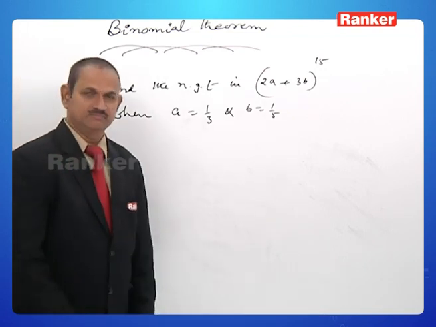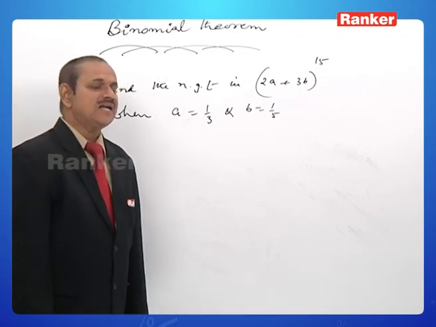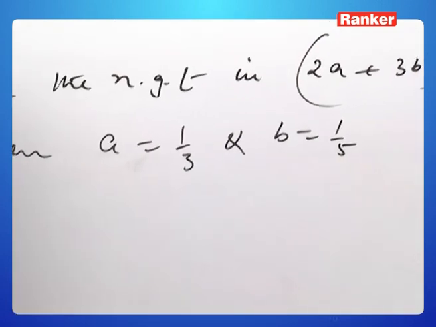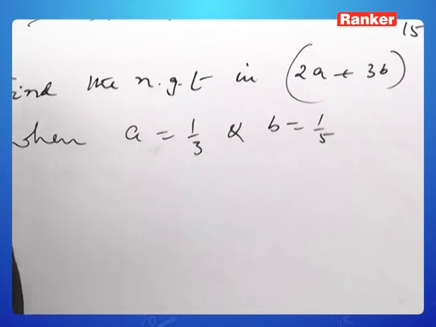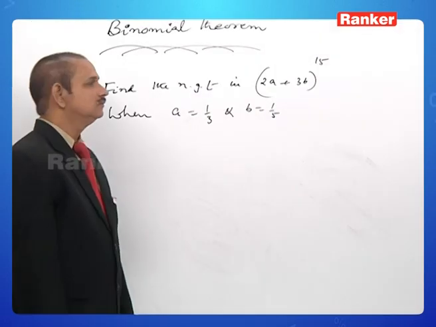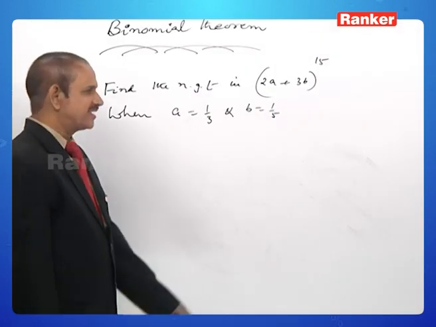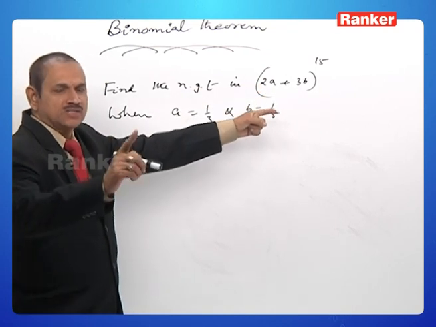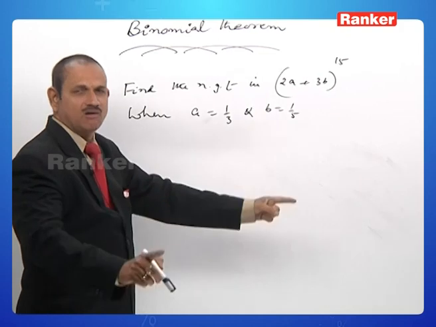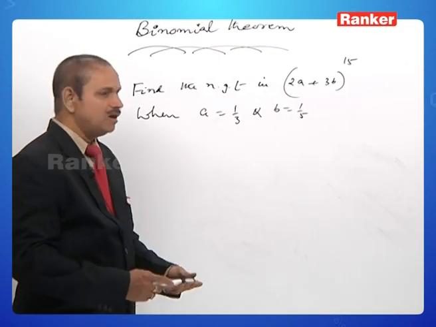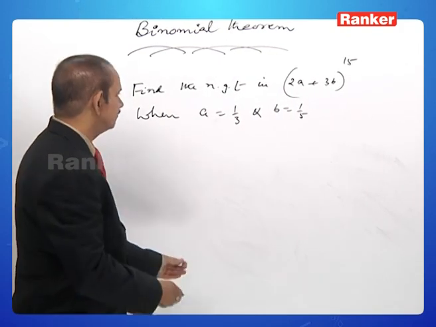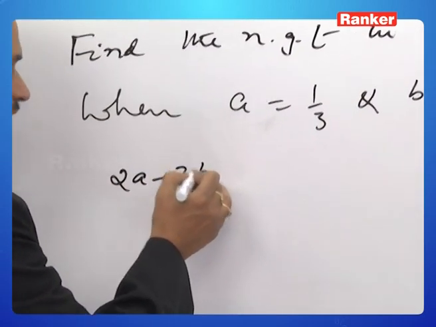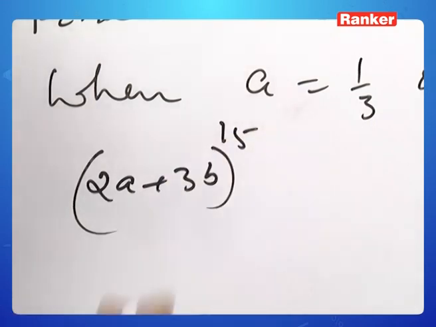How to proceed? As we could explain for ourselves in the previous problem, the very first step which is needed is you may have to get the expansion given in the form of (1 plus x) whole to the power of n, or (1 minus x) whole to the power of n. Let us first do that. Given expansion is (2a plus 3b) whole to the power of 15.